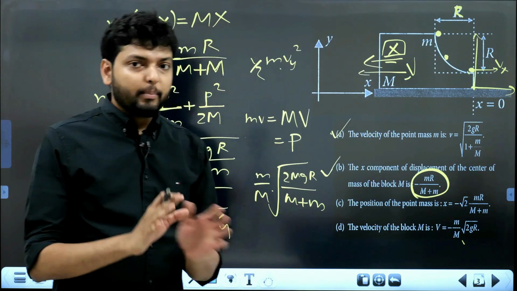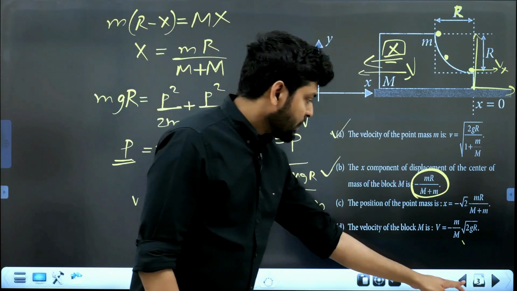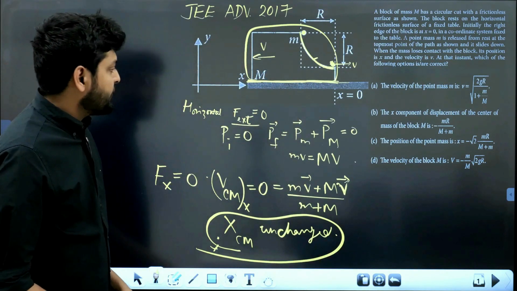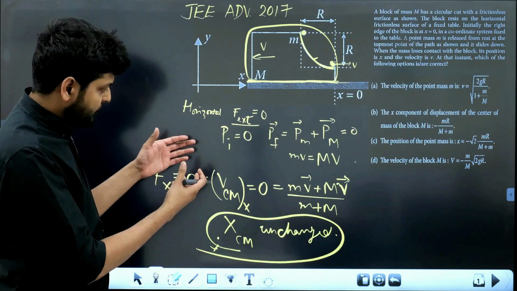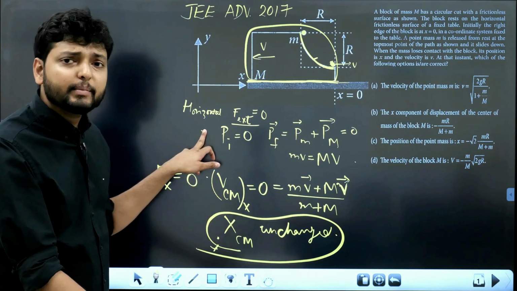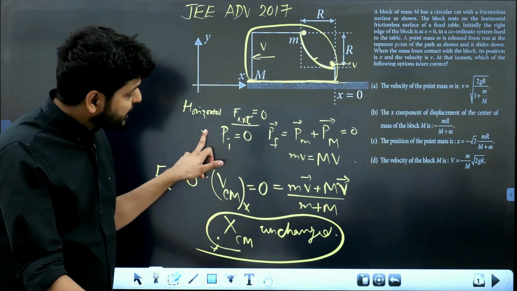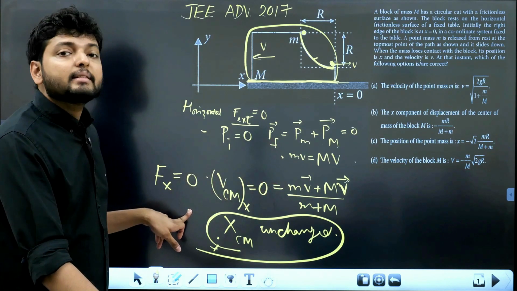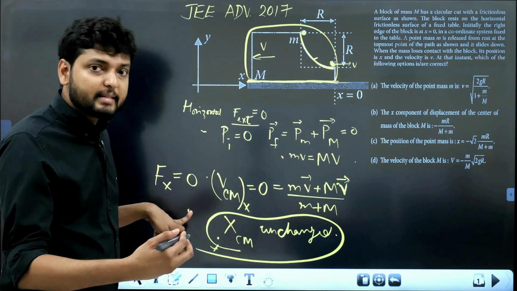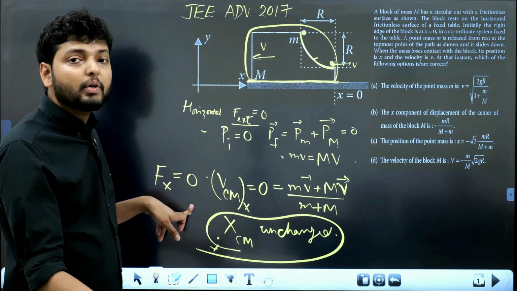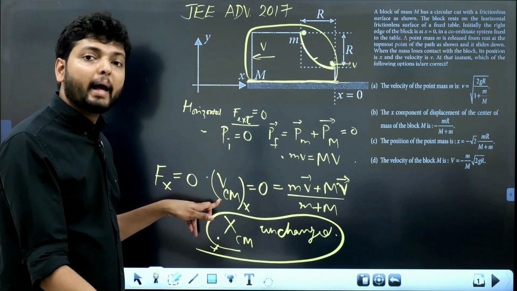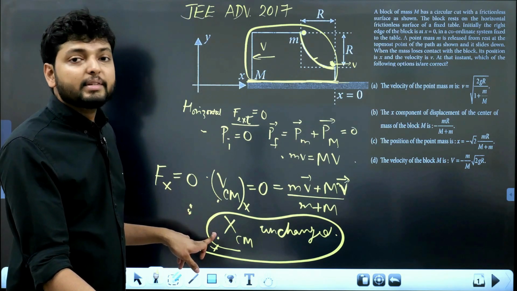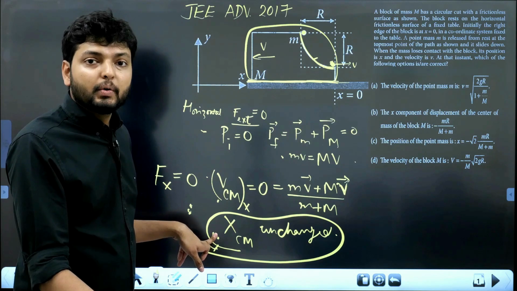So to sum up what we have done, which concept did we use? First we used the concept that if the external force is 0, then we can conserve horizontal momentum. The next concept is, since the system started at rest and external force is 0, so velocity of the center of mass is 0 and the x coordinate of the center of mass has to remain unchanged.